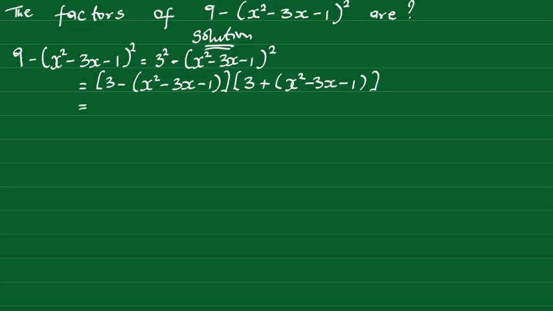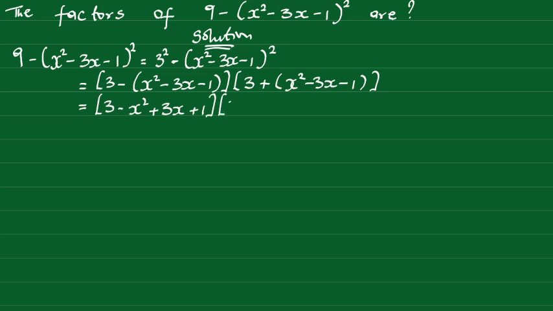Now, proceeding further, we open our bracket. 3, we have a minus times x squared gives us minus x squared. Minus times minus 3x gives us plus 3x. Minus times minus 1 gives us plus 1. Bracket close.